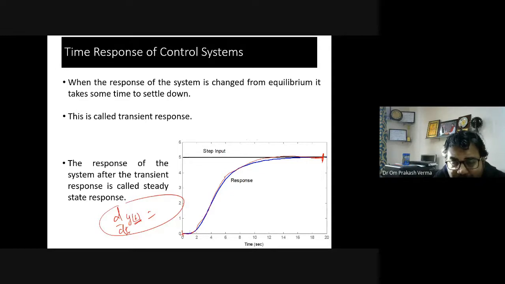और इसी फीचर्स को आपको क्या करना है, as a control engineer, your target is to reduce this transient time.